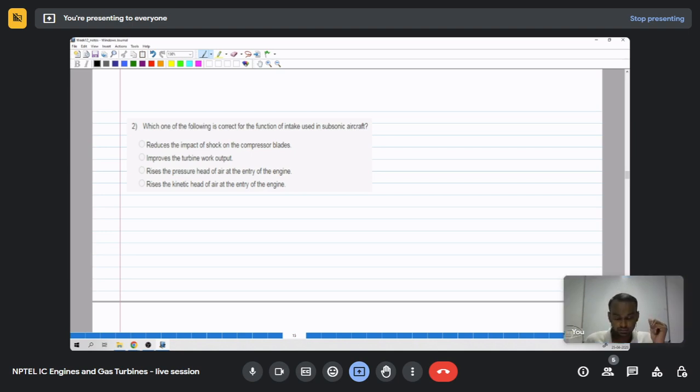The third one, it's the pressure. Yeah, raises the pressure. We have seen earlier for the Brayton cycle, the first step is to increase the pressure by compressing, then have a combustion chamber, and then expanding, and then heat outlet exhaust. So here, in order to reduce the compressor workload, we use the inlet kinetic energy to convert to pressure.